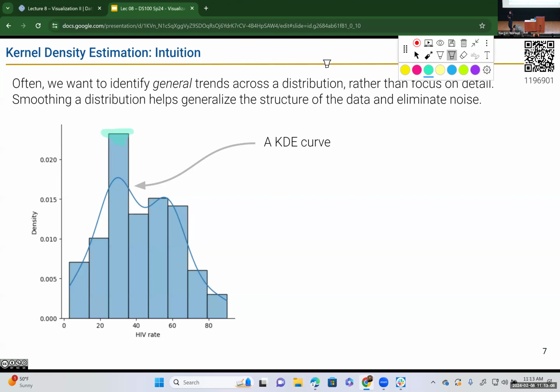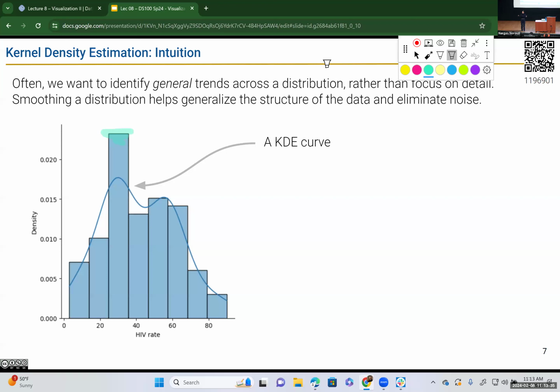And then you saw that depending on the number of bins that we have, the mode that we will observe in the histogram is going to change. And then we said that we're going to use some smoothing function using a probability distribution kind of concept that removes all of those details, but generally captures the trend in the data. So what we're going to do today is we're going to learn a technique that will do that for us.